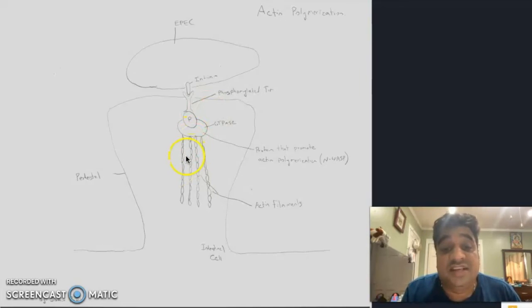Once they are formed, it will create this uprising in the cell at the top, if you see here. And that is actually what the pedestal is. So first you get these chains. Once those chains come, they create an upward rise, an outpouching of sorts, usually anywhere up to about 10 micrometers in length.